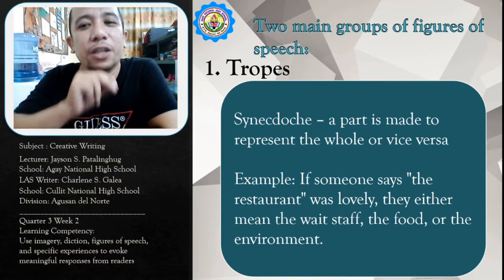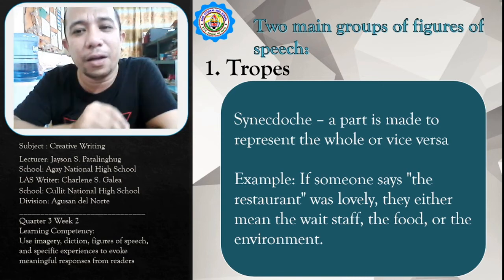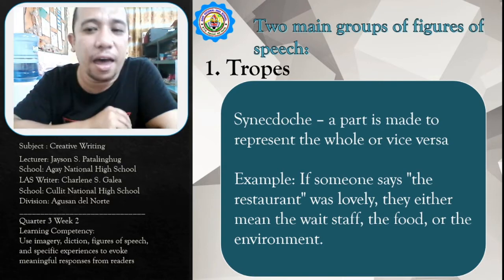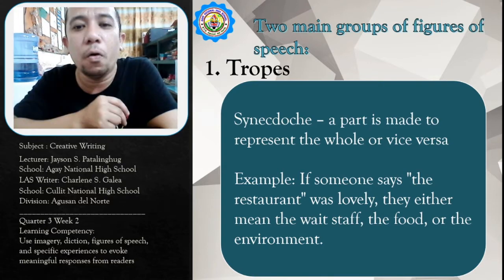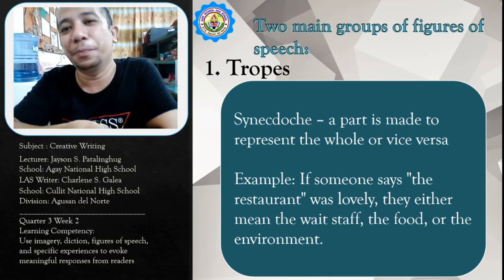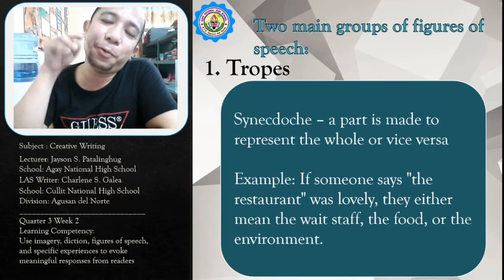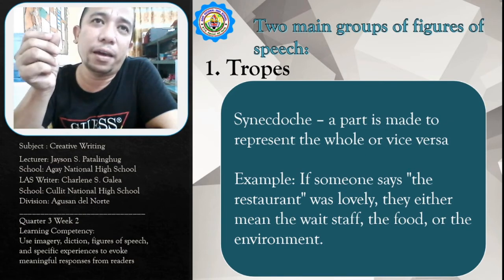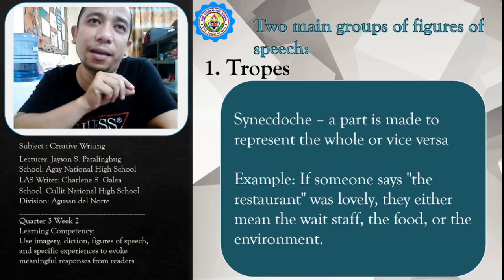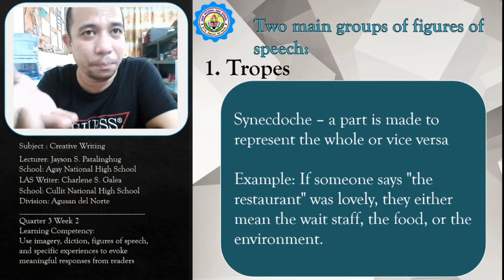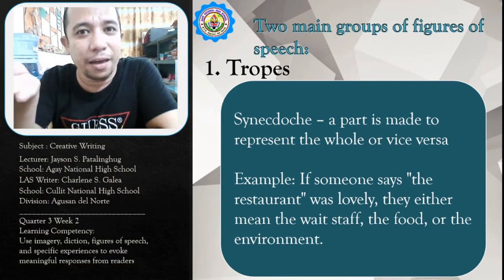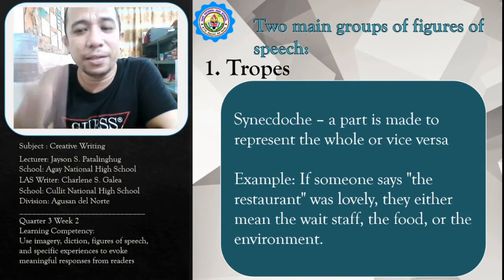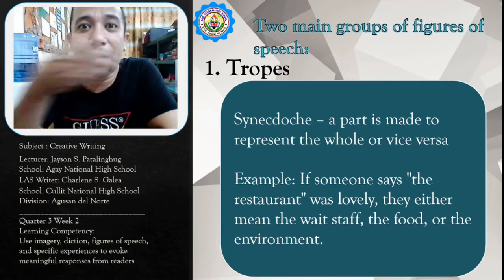It says, if someone says the restaurant was lovely, they either mean the wait staff, the food, or the environment. So when you say, "Oh, the restaurant is lovely," you actually do not mean the restaurant is a building, but you mean everything in that building, which includes the wait staff, the food, and the environment.